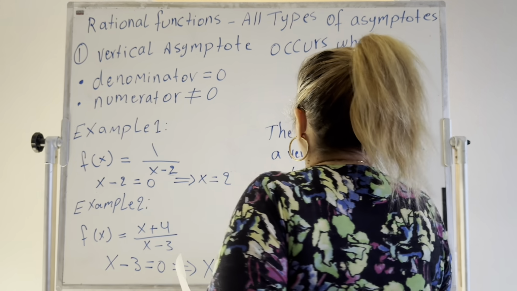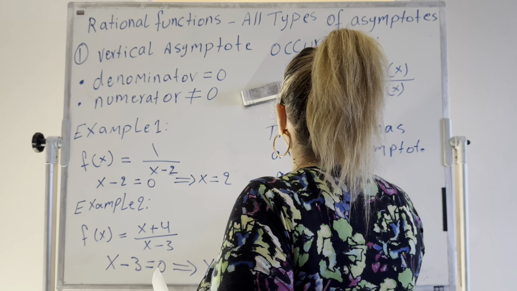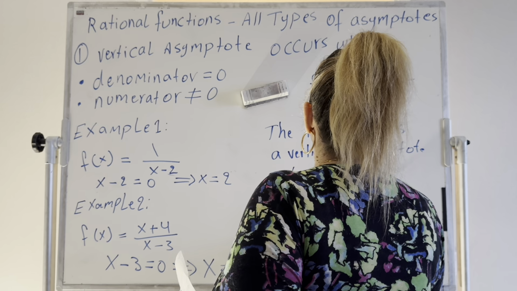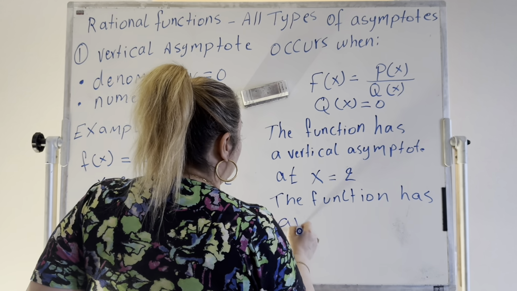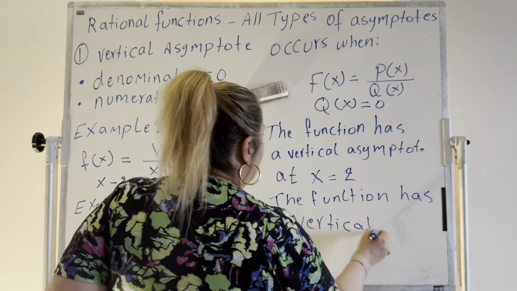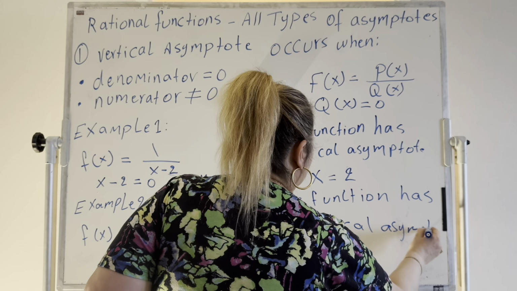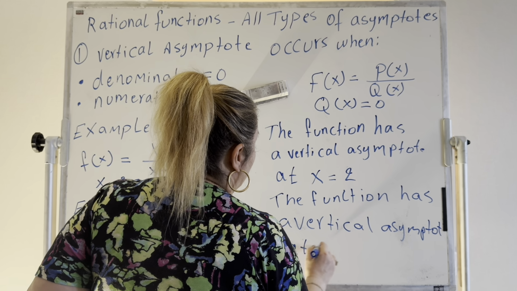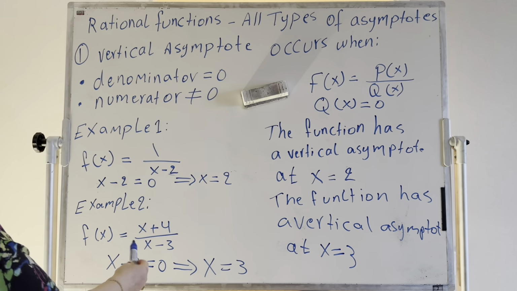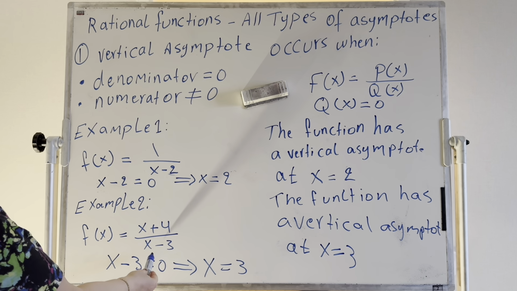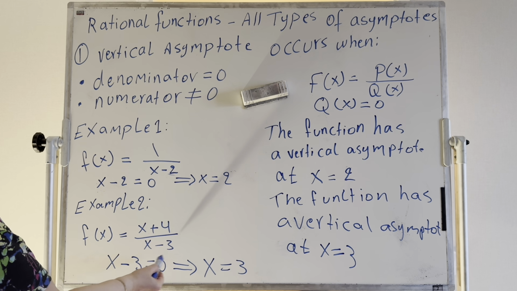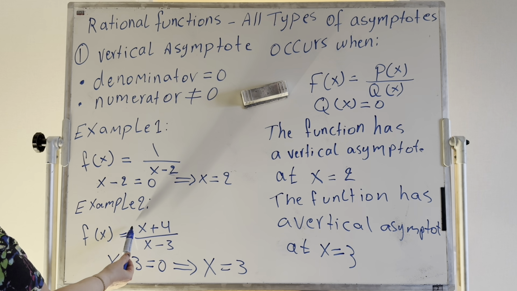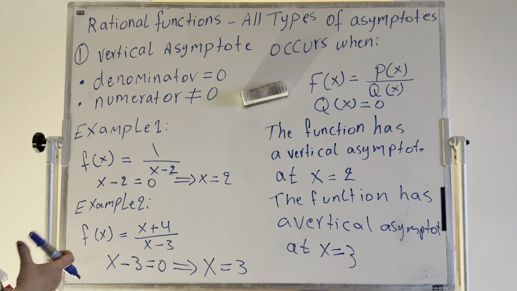And then the function has a vertical asymptote at x equals 3, because when I substitute 3 for x in the numerator, the numerator will be 7, and when I substitute 3 for x in the denominator, the denominator will be 0, and because of that I have a vertical asymptote.